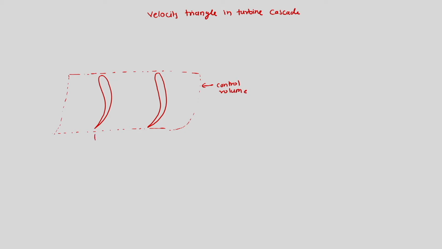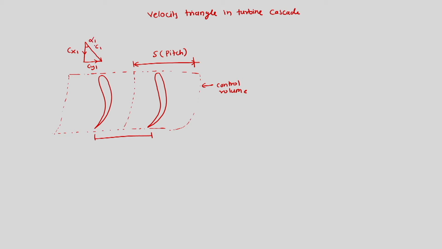Now, this is the spacing between the blades, which we call the pitch S, and here we have the absolute velocity approaching like this, which is C1. So, this is Cx1 and this is Cy1, approaching at an angle alpha 1.